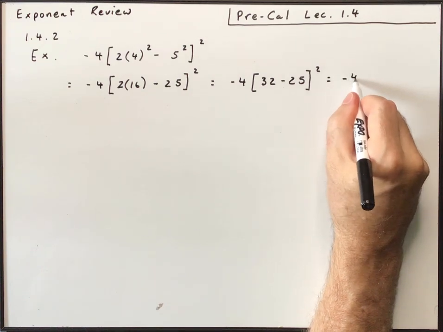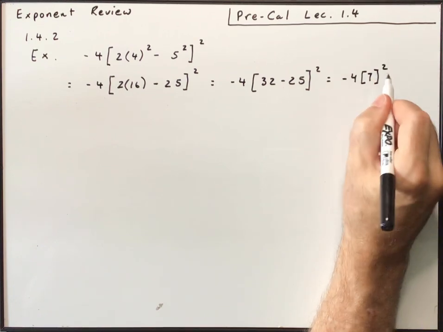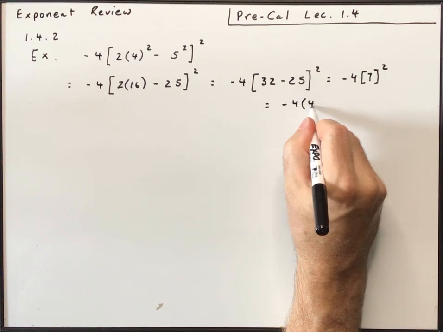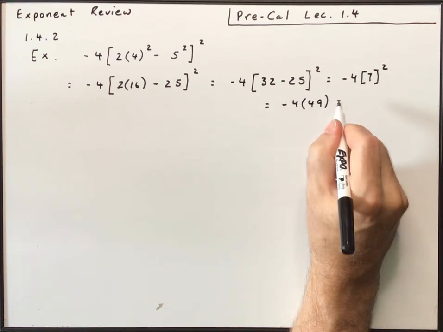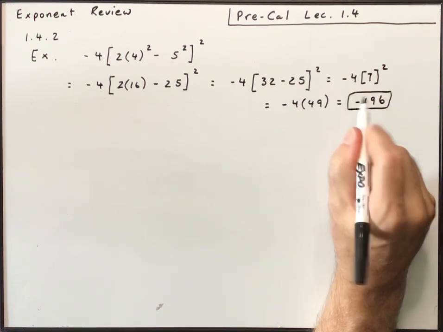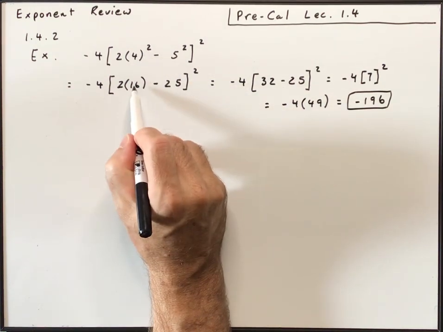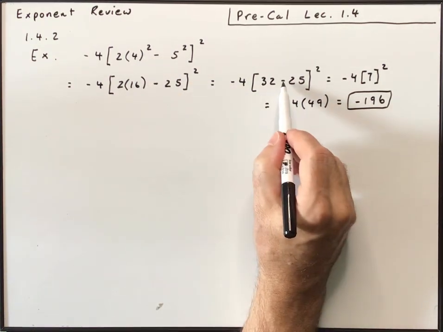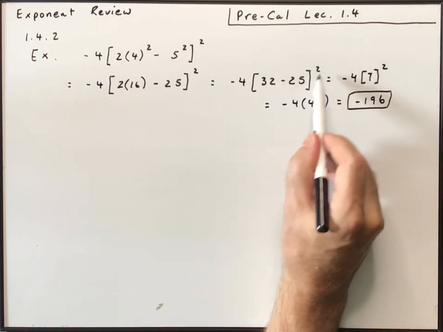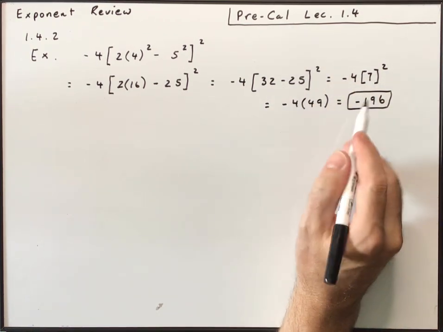That'd be negative 4 times 7 squared, which is negative 4 times 49. So that would be negative 196. So that's the process you need to do. Work inside out. Exponentiate first, then we multiply, then we're going to subtract, and then once we get it down to a single number, we'll exponentiate what's in the brackets. Okay.